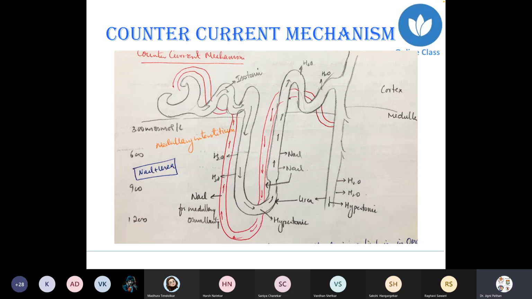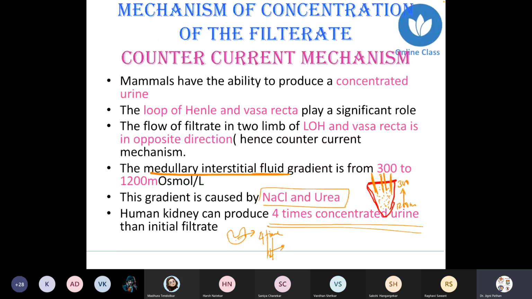Mechanism of concentration of filtrate. Yes, ma'am, now I can see. Done, ma'am. Okay, now listen.